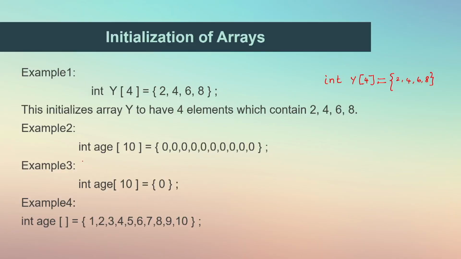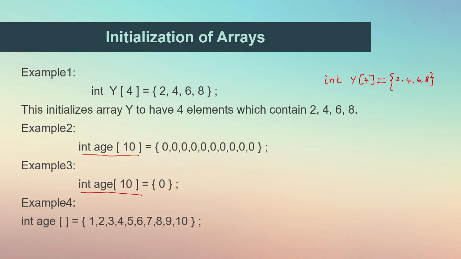Similarly, in a second example, int age of 10 is declared with all elements to be zeros, and int age of 10 with only the first element to be 0. It is optional to assign values to all the array elements.